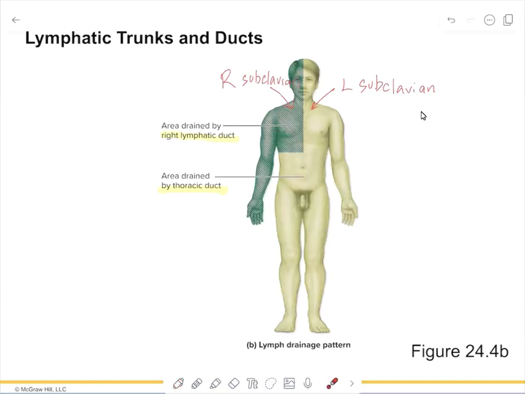So this means that any of the lipids or lipid-soluble material from the abdominal cavity that's drained through the small intestines is going to enter through lacteals and will eventually travel into the thoracic duct for processing.